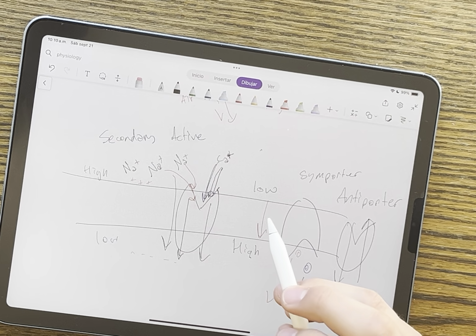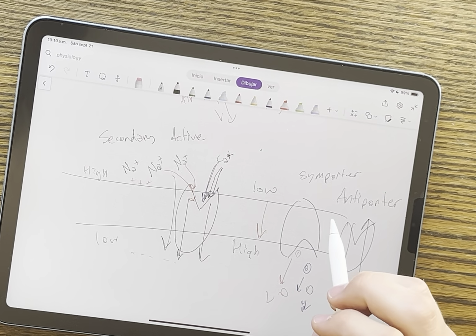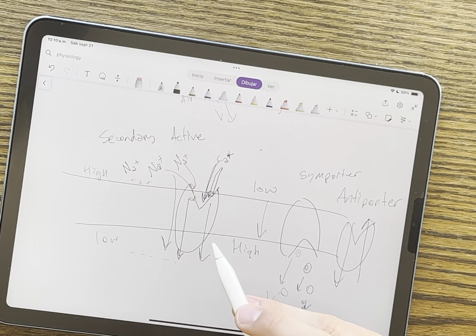They have just one selected, so they'll have just the hydrated version or just the unhydrated version going through that specific protein. There's competition. They can reach a level of saturation, which is the max rate, and they always follow a specific direction, right? Active goes low to high, and passive goes high to low.